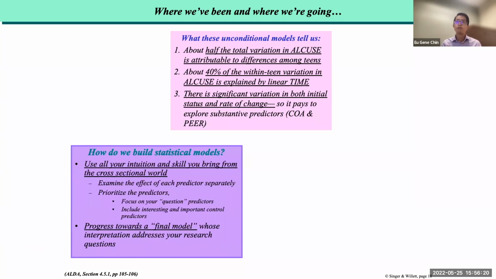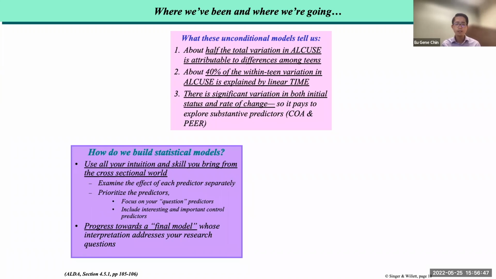So how do you build from here on out? Now that you've got your unconditional growth model, this is the basics over here, and you've got a sense of how much of the variance is accounted for by between and within person differences, you want to use your intuition and skills that you have from the cross-sectional world. You can add in each predictor separately, or you can add in simultaneously.